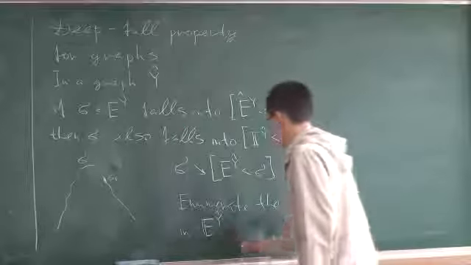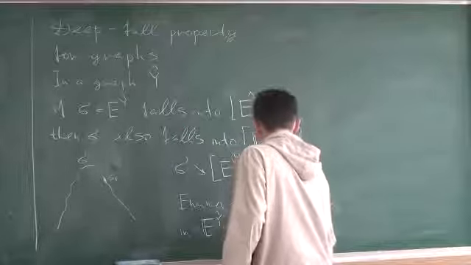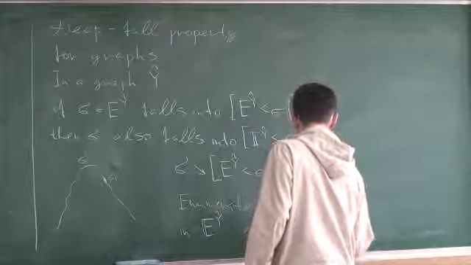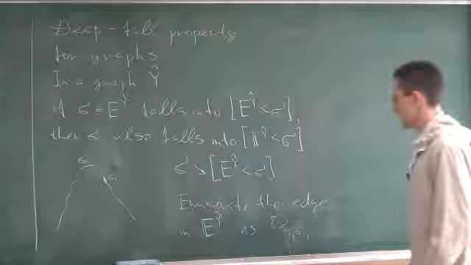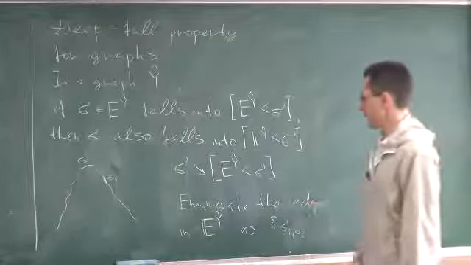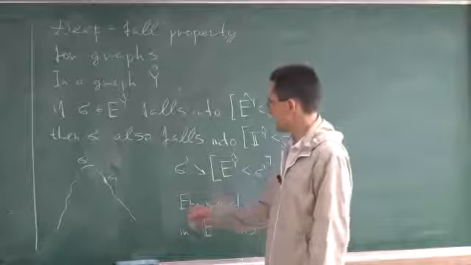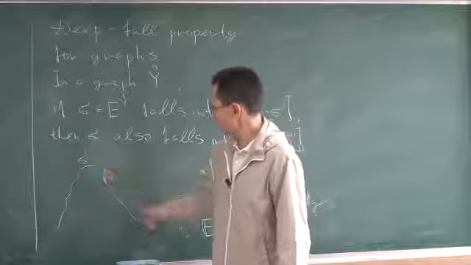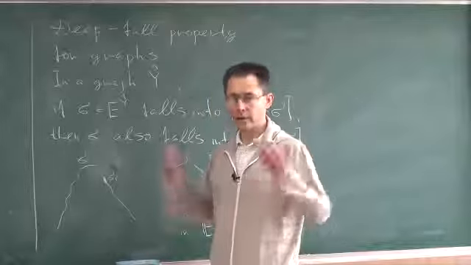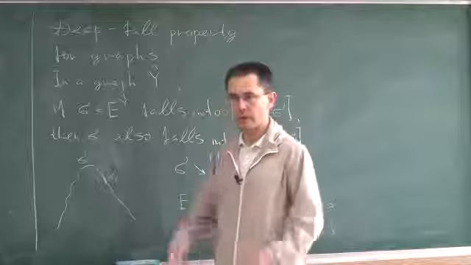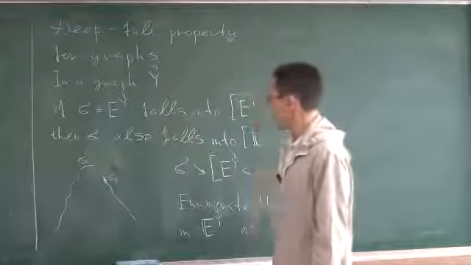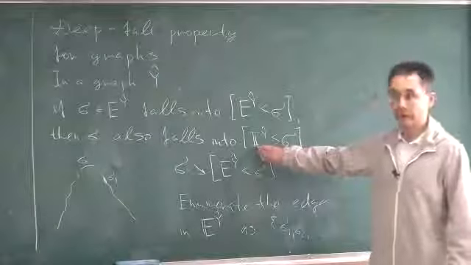So just enumerate as sigma 1, sigma 2, and so on. It's a countable set. Suppose sigma 1 lies on this vein. Then I want to remove it. I want to find another vein which would not contain sigma 1. So the idea is to keep removing those edges until we are left only with the order inessential ones.